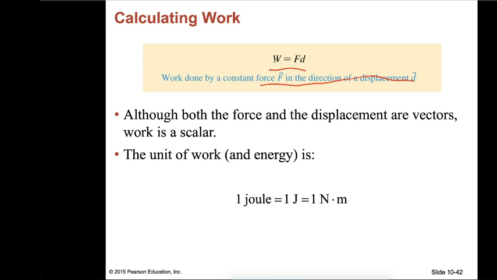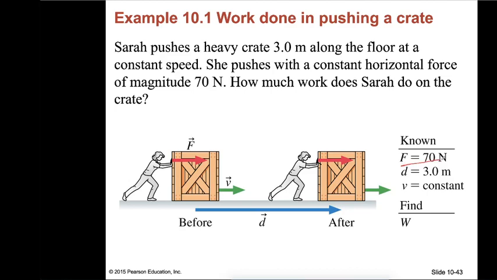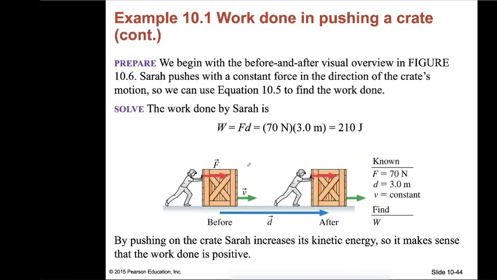We can use the equation work equals Fd. What is F? 70. What is d? 3. Because F and d are in the same direction, you can use work equals Fd, which is 210 joules in this example.